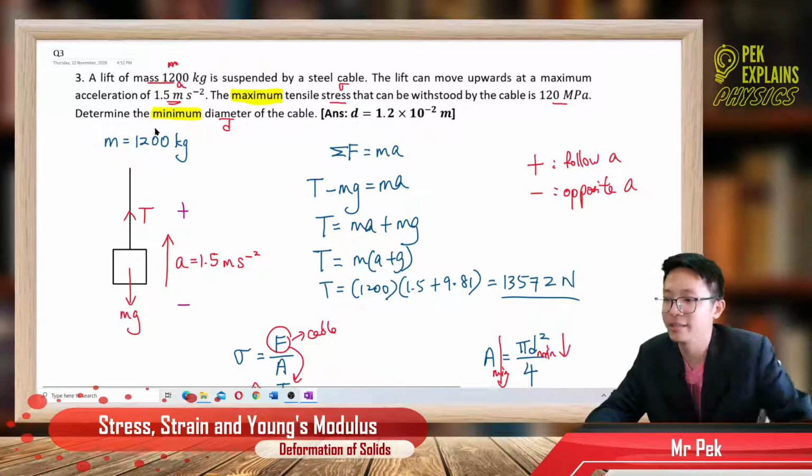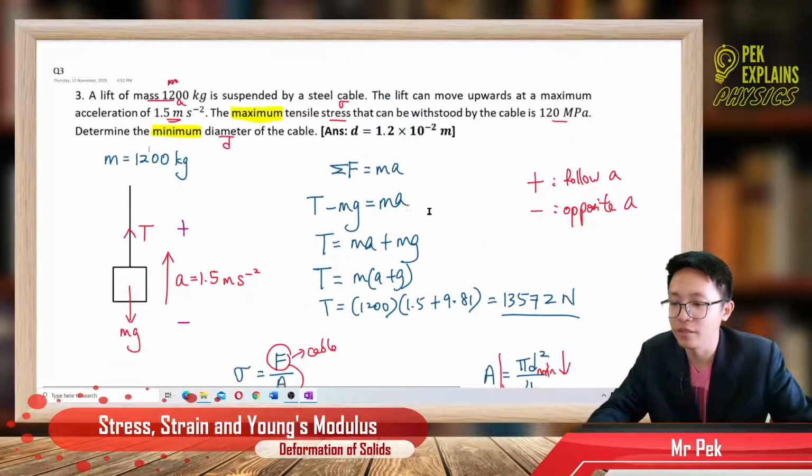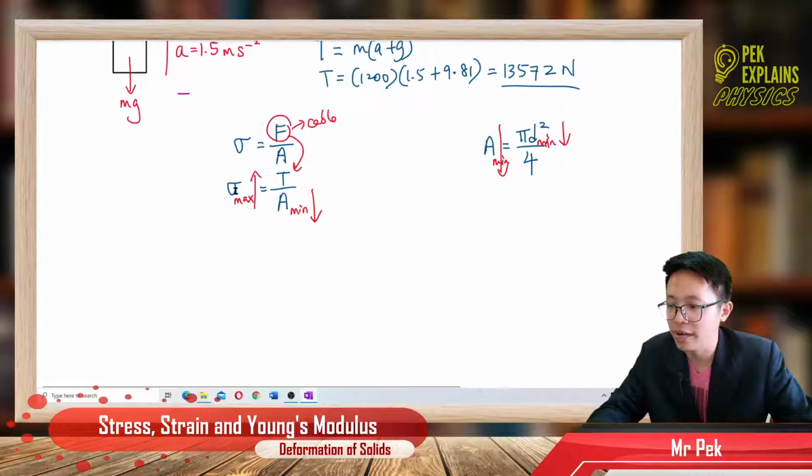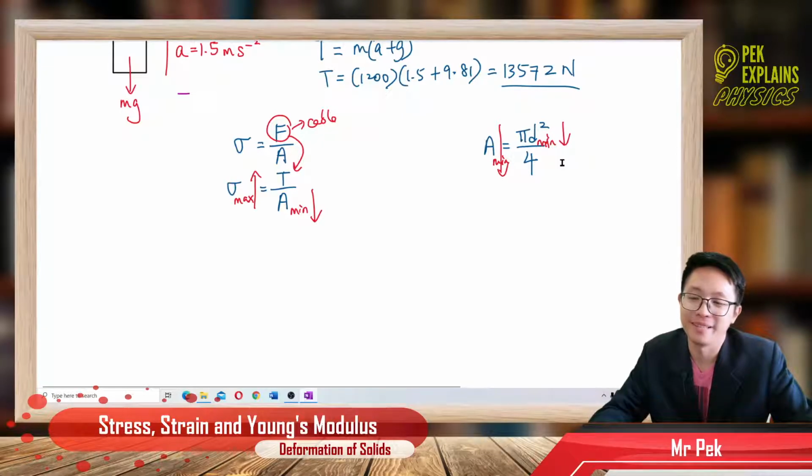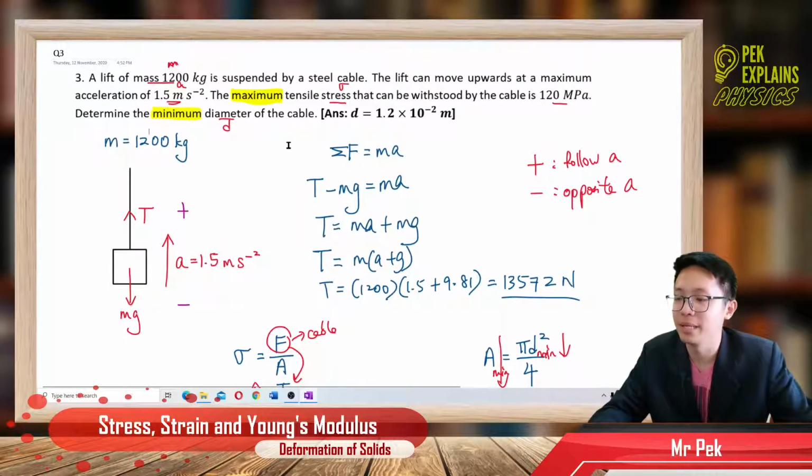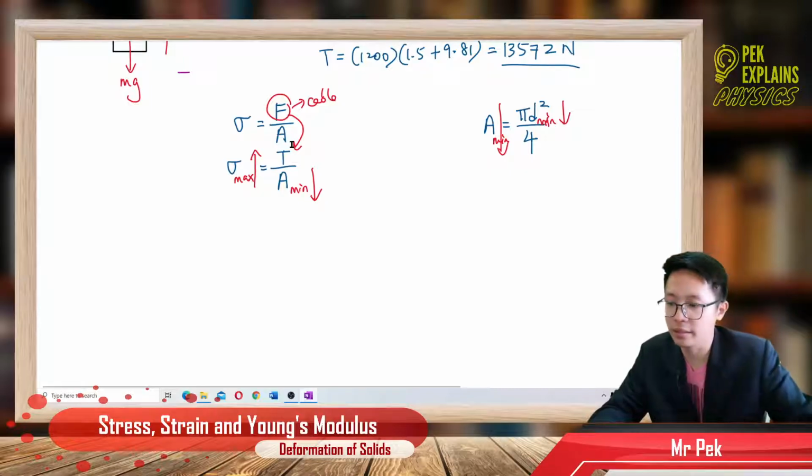Because it's inversely proportional. The stress is inversely proportional to the area, and also inversely proportional to the diameter. Okay, let's find out the area first.